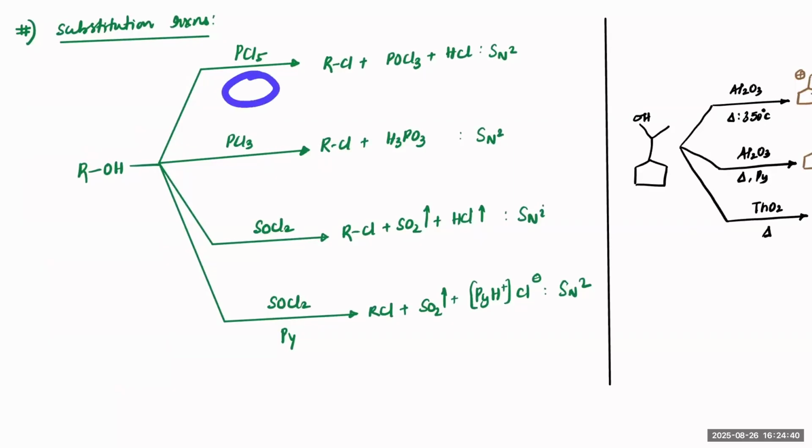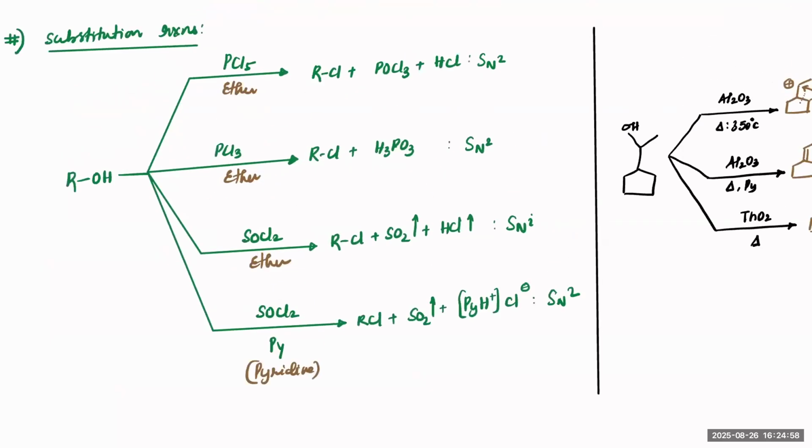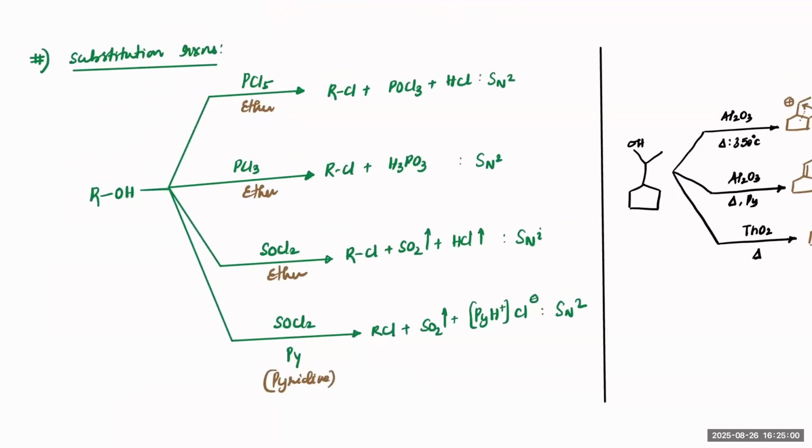Now, next coming to the substitution reactions. I am not using strong heating here, and I'm just using ether as the solvent in all of them, except in the last case where I'm using pyridine as the solvent. So when you are using PCl5 with alcohol, you will get alkyl chloride, then POCl3 and HCl, favored via SN2 mechanism.